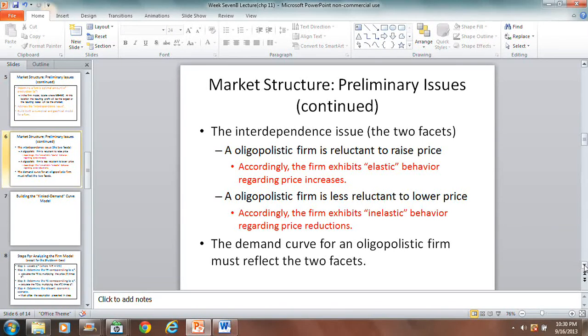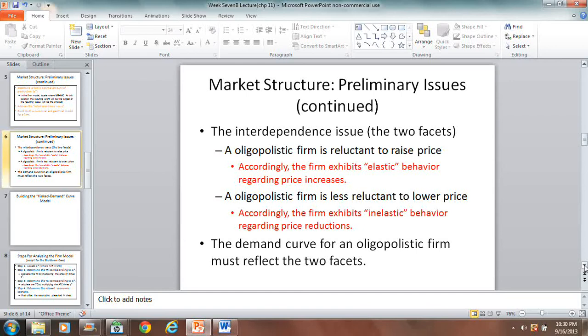But they will lower price to maintain their competitive customer base. If the issue becomes lowering price or losing customers, firms will tend to lower price under those conditions.